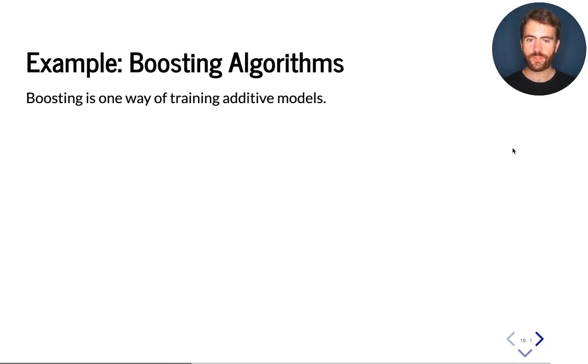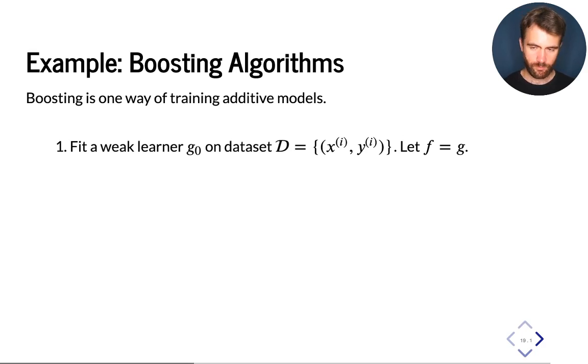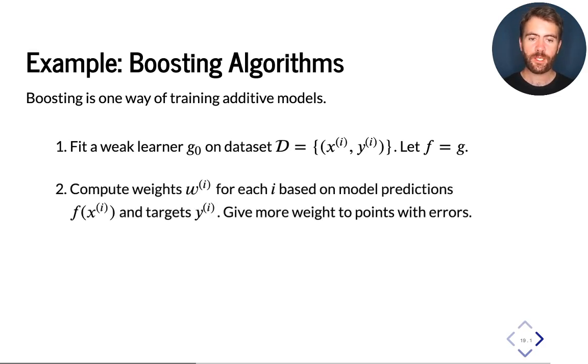One way that we saw of training these kinds of additive models is, of course, boosting. I'll just briefly summarize here the boosting approach. We start with an initial weak learner, we train it on our data set, then we compute weights that are high at points where F makes an error and low at points where F is accurate.